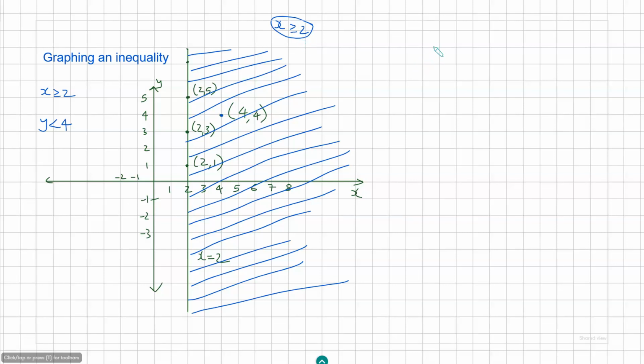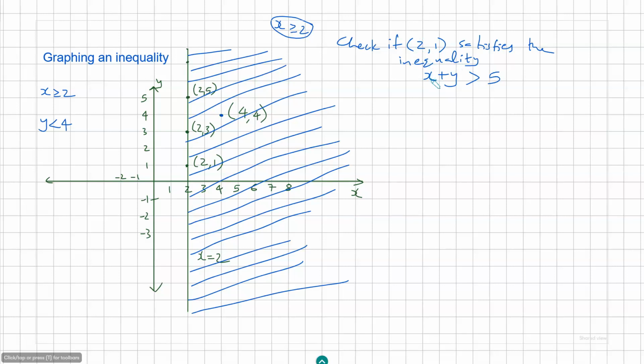How do you check if a point satisfies an inequality? For example, let's say the inequality is x plus y greater than 5. Can you check if the point 2, 1 satisfies the inequality x plus y greater than 5? So how do you check?